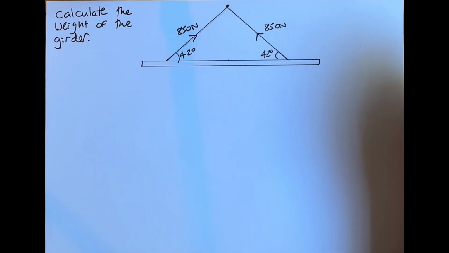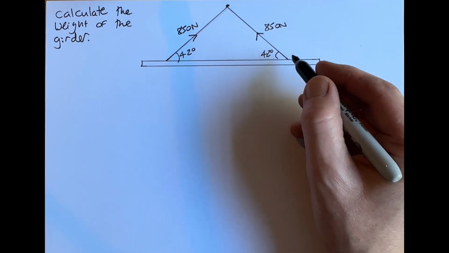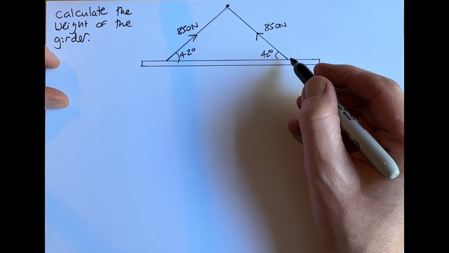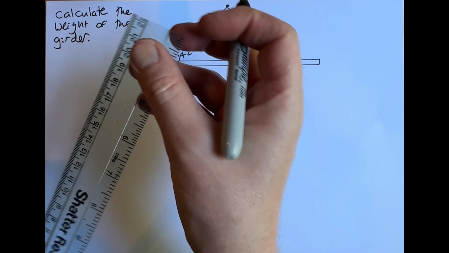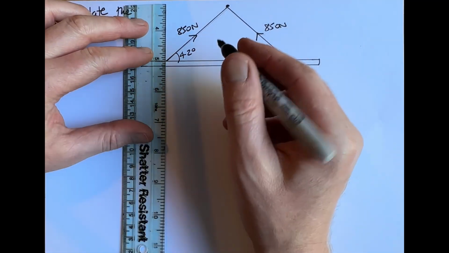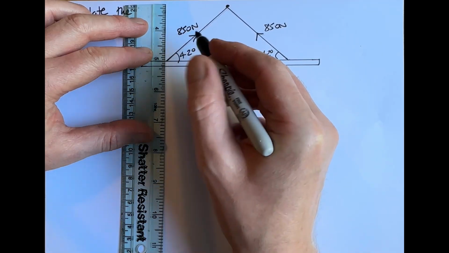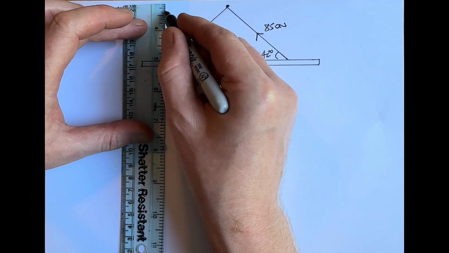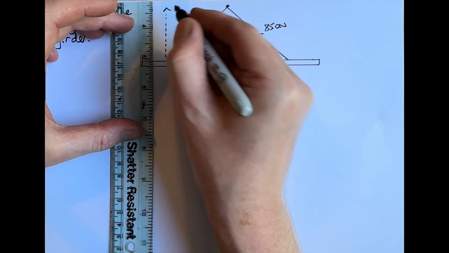Okay, so the first thing we've got to do here is resolve the tension in the cable into vertical and horizontal components. We can do that using trigonometry. So if I draw on here the vertical component of this 850 newton force, which is the tension in this metal cable, the vertical component is going to be there, like that.